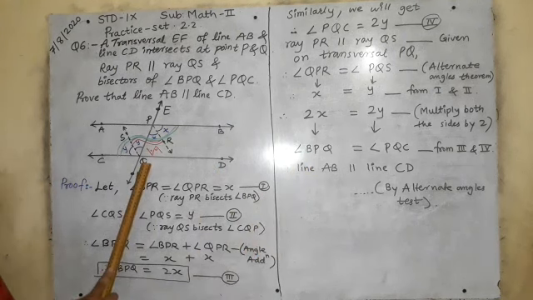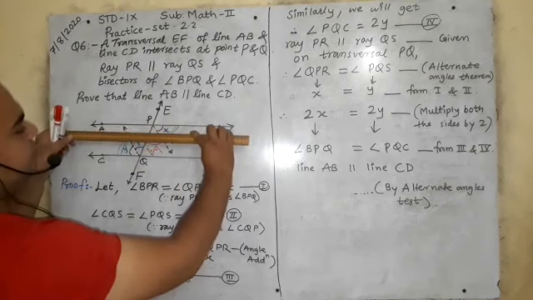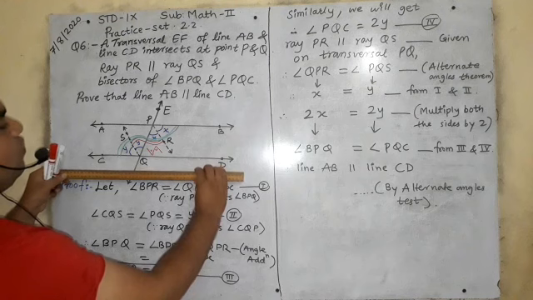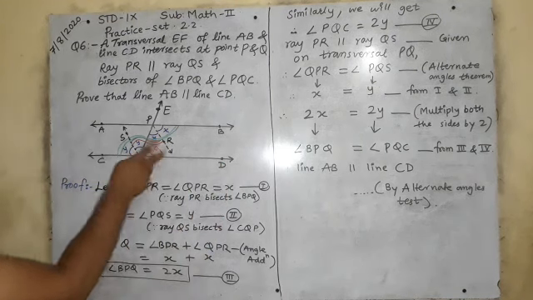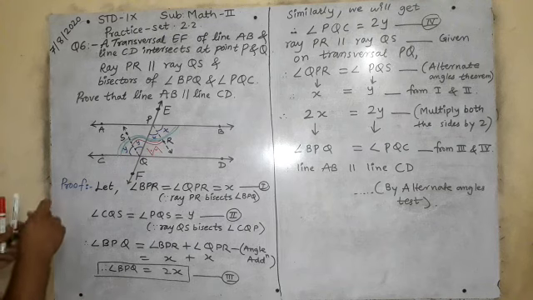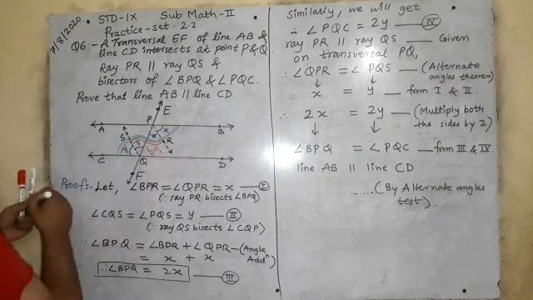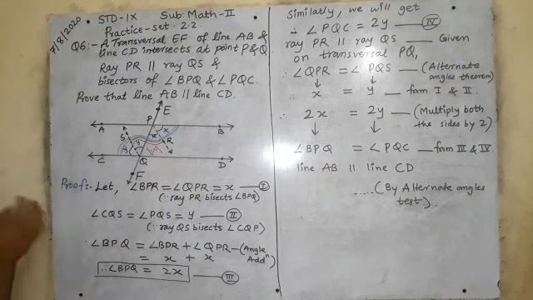BPQ is equal to PQC. So therefore I can say that line AB is parallel to line CD. Why? Because its alternate angles are equal or congruent. Therefore I will say the line AB is parallel to line CD.